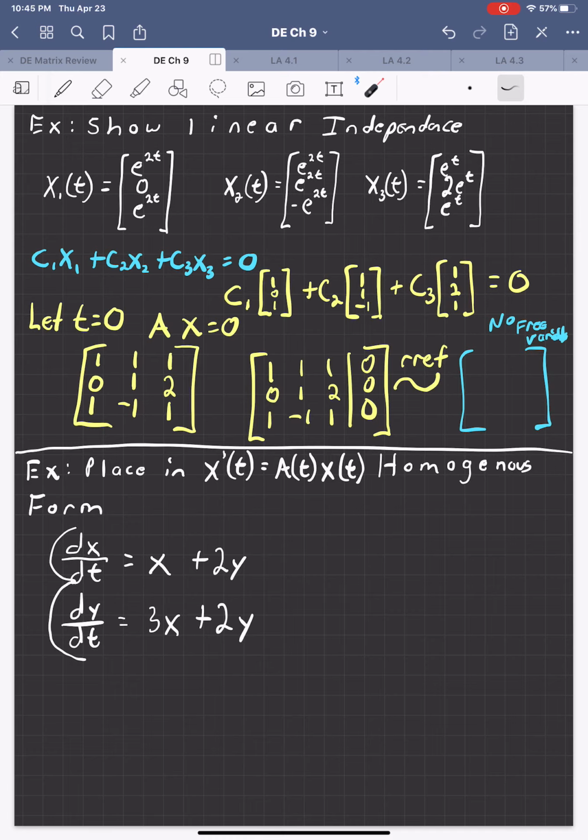If you don't mind, I'm going to be shuffling through my papers for a quick second, because that's exactly what we're going to do. We're going to practice going back and forth between system form, general form, and so forth. So bear with me here. It appears that I got some things unorganized, and I need to organize them.